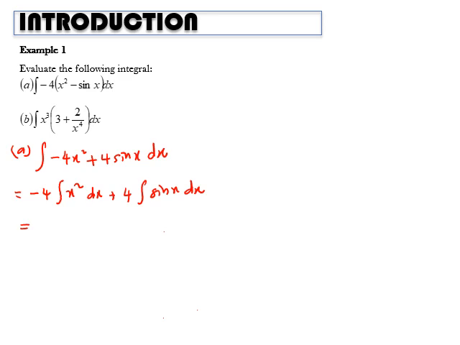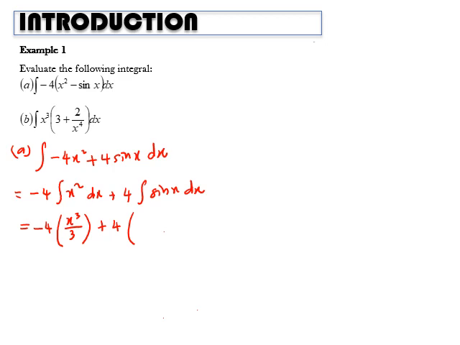So now we can integrate. This is an indefinite integral because there's no limit on the integral. Negative 4 is a constant, just remain the same. So now x power 2 plus 1, 2 plus 1 is 3, divide by the power, which will be 3, times 4.